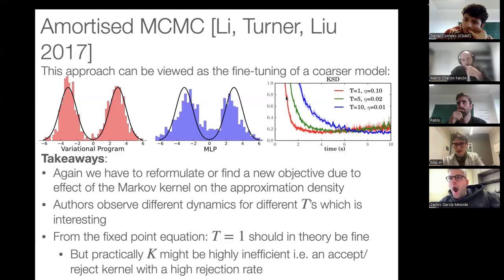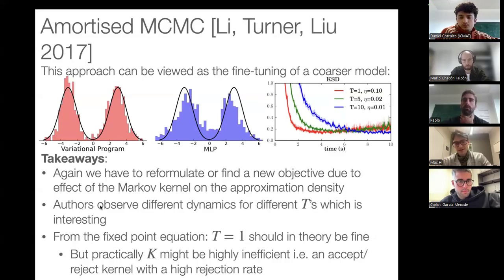When you use fewer steps in the Markov chain, the discrepancy decreases very quickly at first. But when you use more steps in the Markov chain, you reach a better optimal point, but later on in the optimization trajectory. Okay. And so some takeaways we can take from this is that, again, because we've introduced the Markov kernel, we have to reformulate or find a new objective.